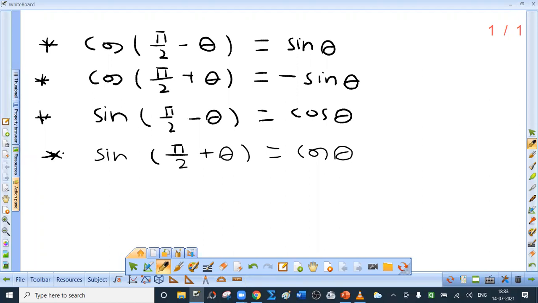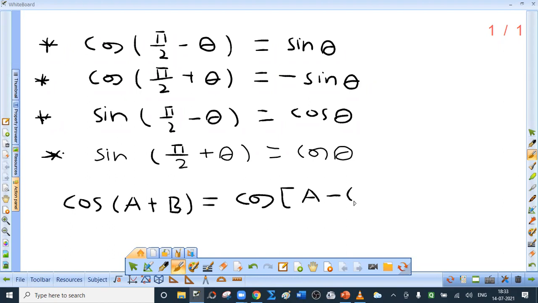What will be cos of A plus B? Using analogy, you will definitely say cos A cos B minus sin A sin B. But let us prove that. So what is cos of A plus B?